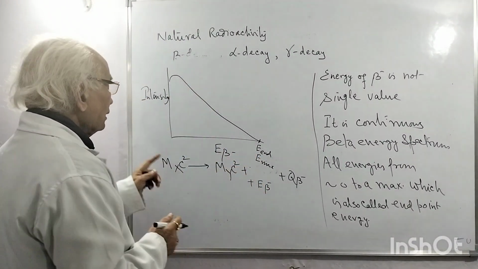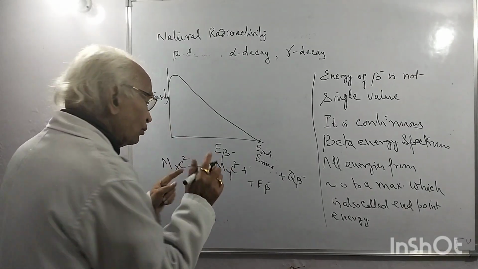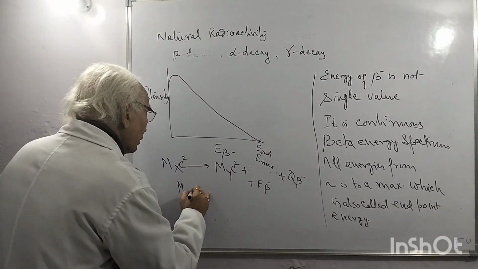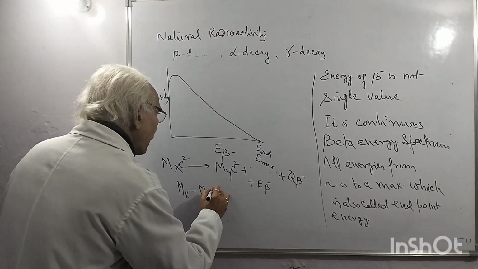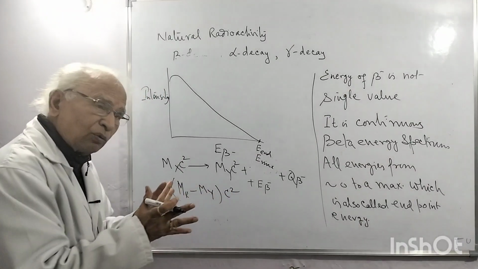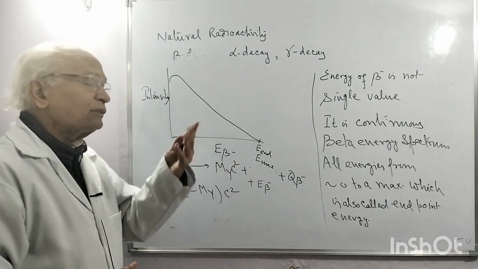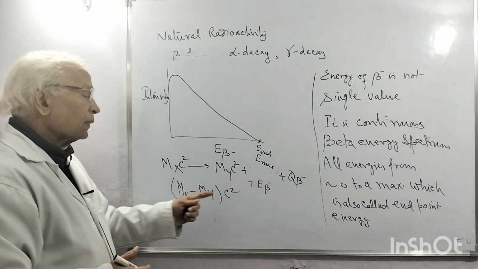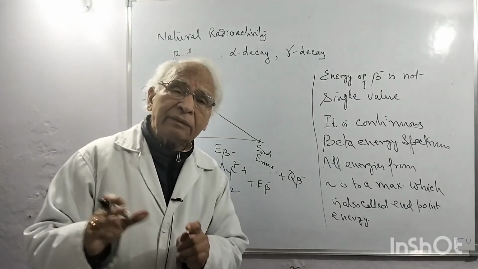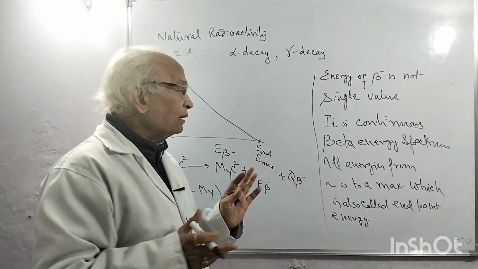How is this? The difference energy is one value. Remember that the mass of X and the mass of Y, times c squared, is one value. But E beta is different. So where is the difference of mass going? So how is the energy conserved? The energy conservation in beta decay is difficult to explain.